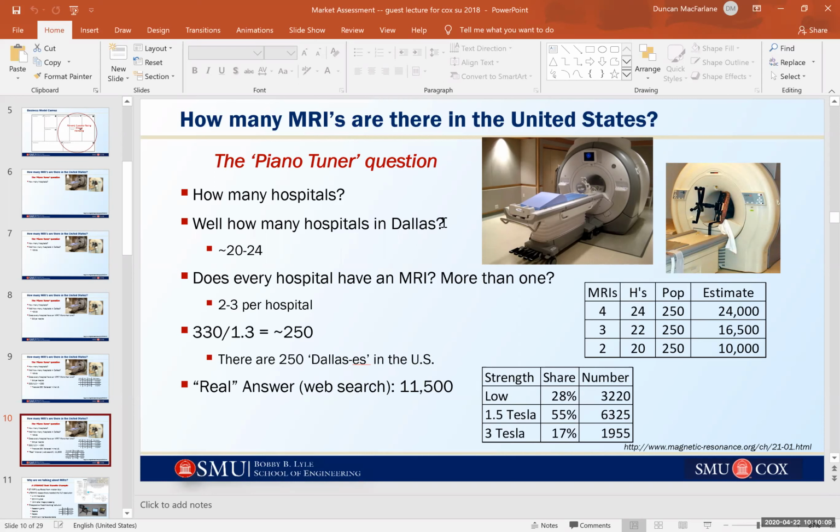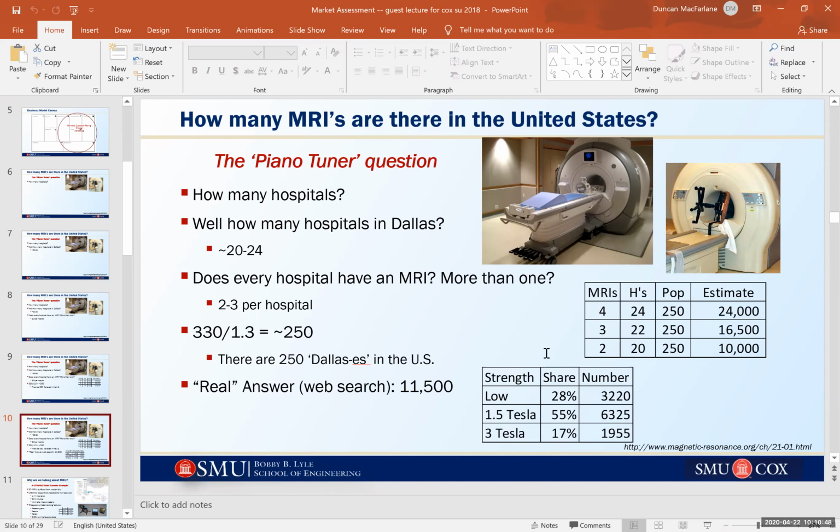That's what this train of thinking allows you to do: A, it gets an order of magnitude, and B, as you work through it, it allows you to start to visualize some of the aspects of this marketplace. You know where you're going to have to go. You're going to have to eventually go into hospitals to make your sale and to establish your relationships with customers. So this kind of thinking spurs imagination, and that's very useful.